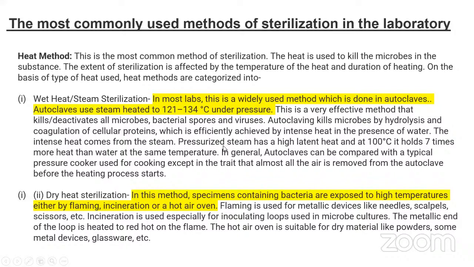The heated steam is so powerful in killing microorganisms because it contains very high intense heat, which is not achieved by water alone. Pressurized steam has very high latent heat, around 7 times more heat as compared to water at the same temperature.